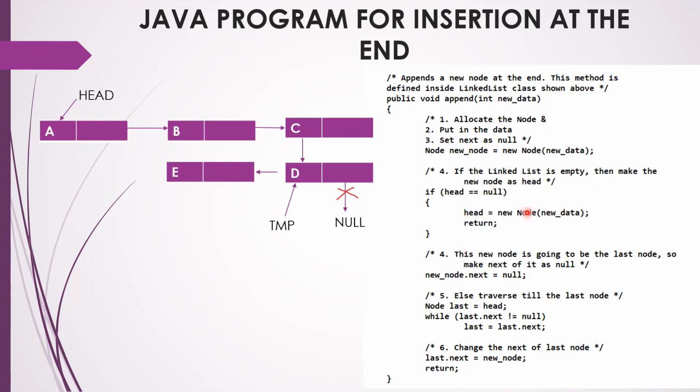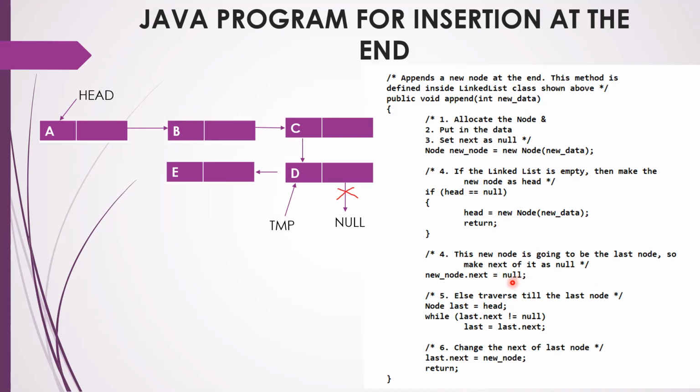That's it. But in case the linked list is not empty, then you have to go till the last node. First make the new node's next null, whatever new node you're going to insert.